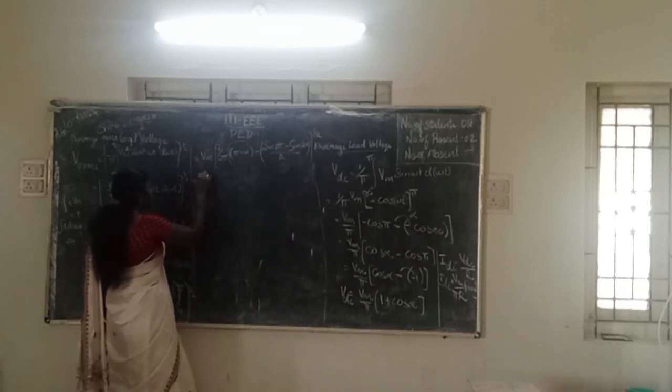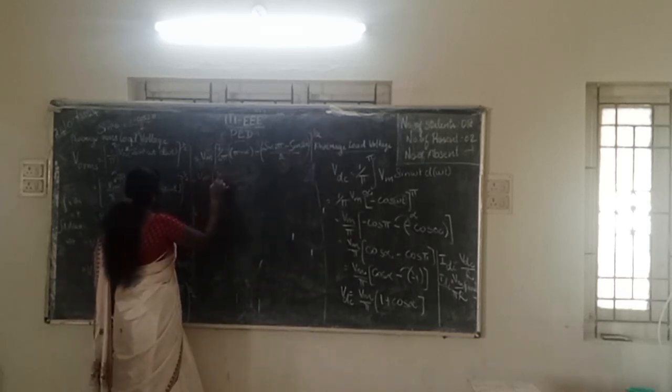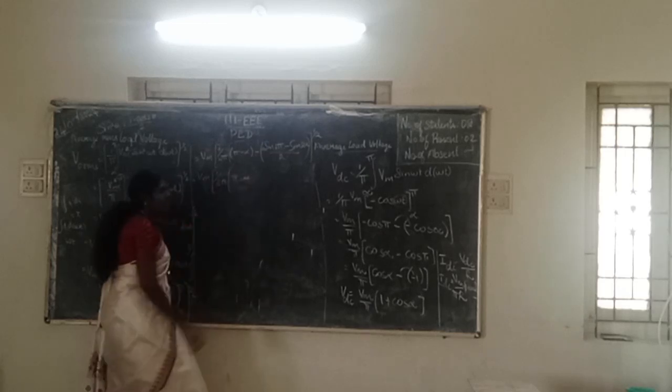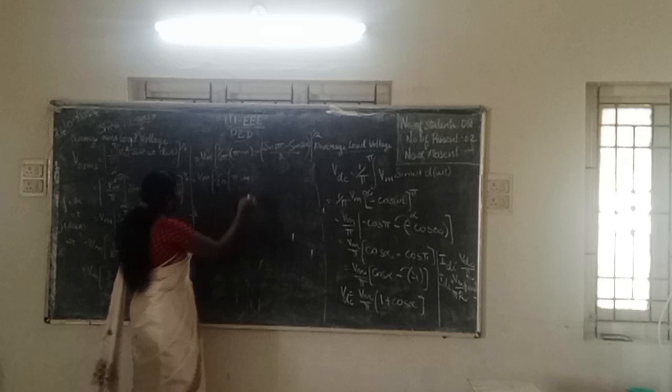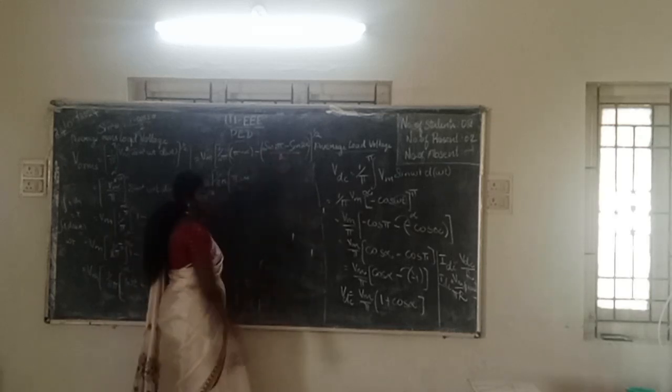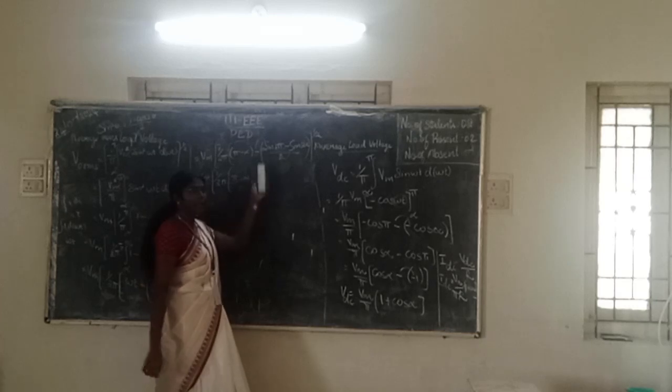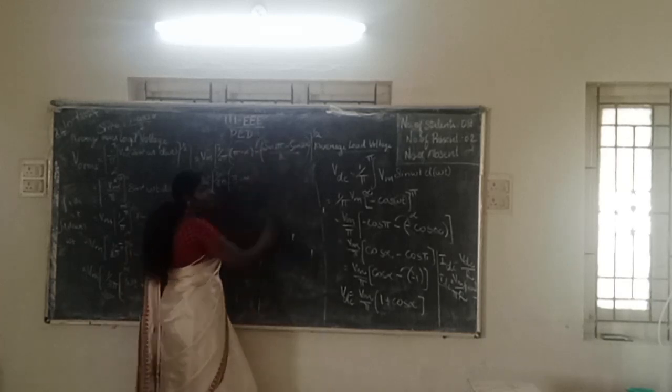So next, Vm into 1 by 2 pi, pi minus alpha. If I multiply this minus inside, this term will become minus and this term will become plus.